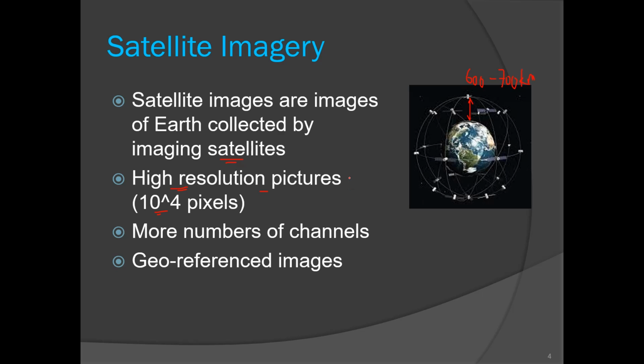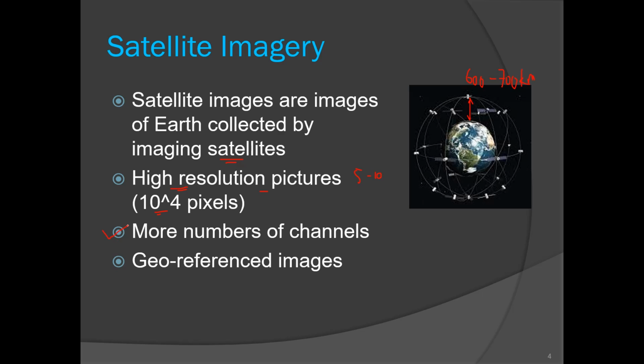The disadvantage is that an object like a car is represented using very few pixels, around 5 to 10 pixels only. So you cannot identify one individual object, one particular car, but you can get the idea that yes, a car is there, a building is there, and their relative positions.